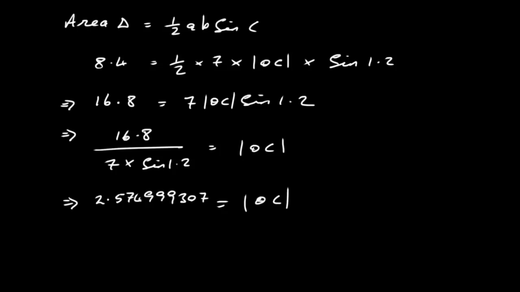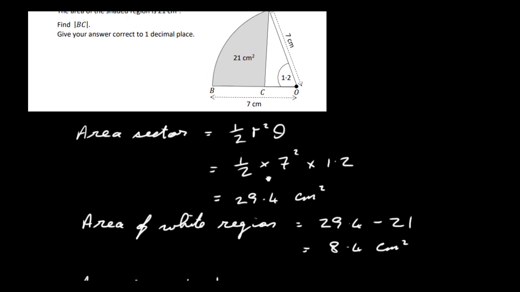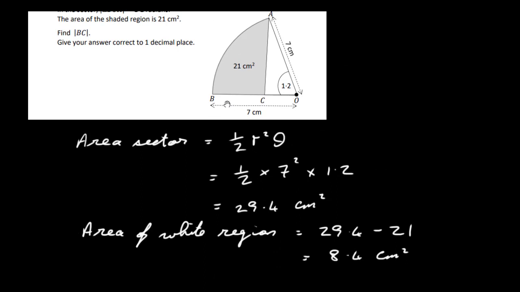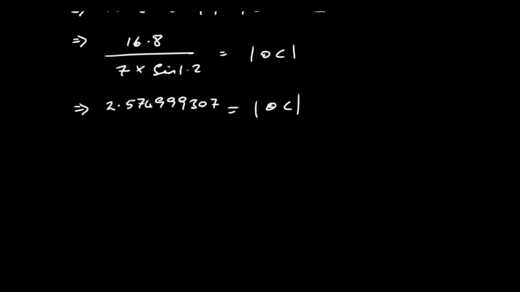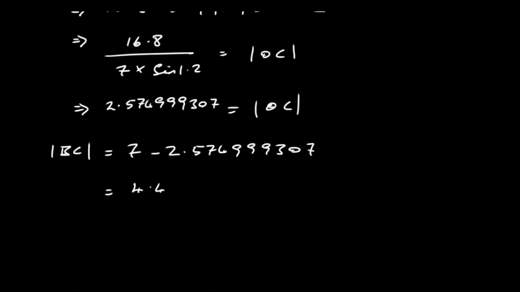Okay, so the distance that we've actually found here is this distance here. We're asked in the question to find BC, so all we've got to do is subtract it from 7. So the distance BC is equal to 7 minus 2.574999307. So that will finally give us 4.4 to 1 decimal place.